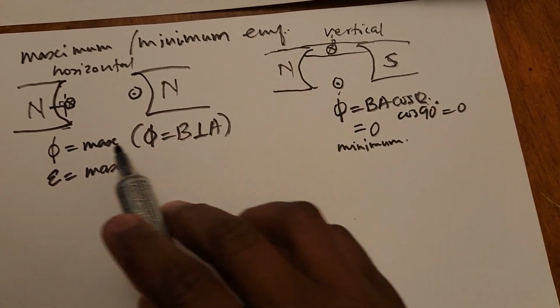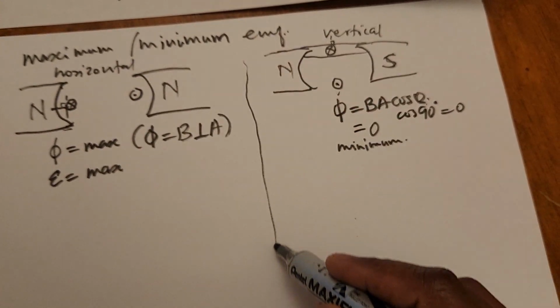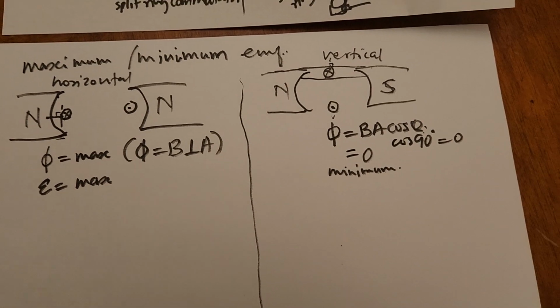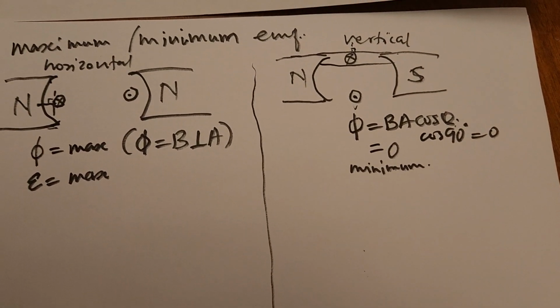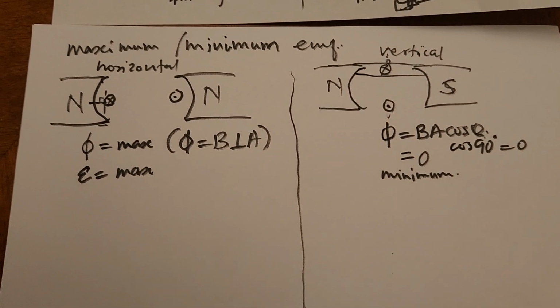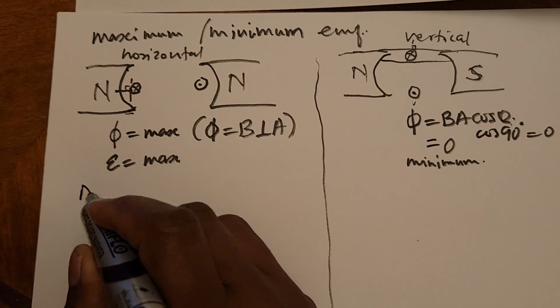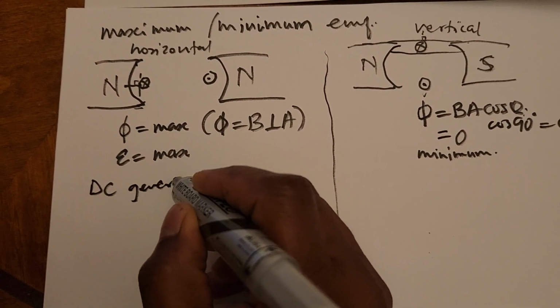So in this case, if you are requested to draw, for example, the EMF starting from this position, the current-time graph or the voltage-time graph, there are two versions for a DC generator. Let's say we talk about generators here.